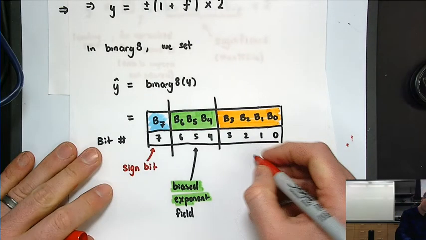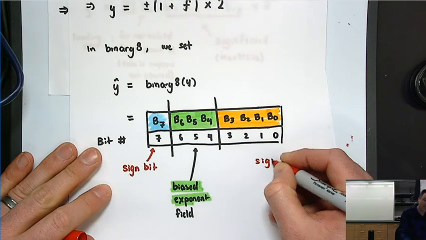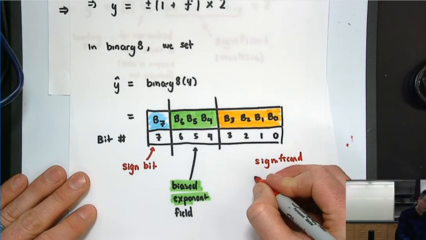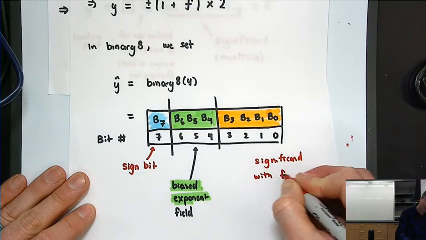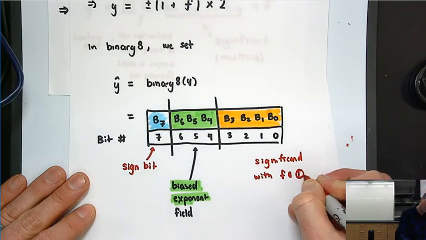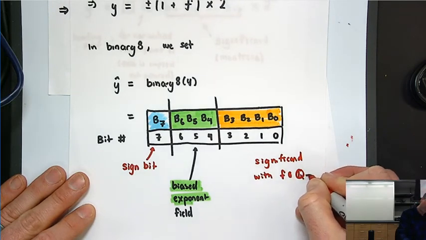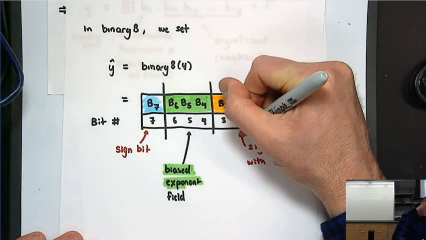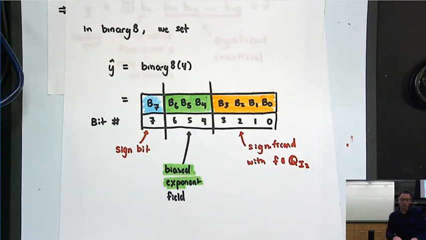So these last four store the significand with some fractional rational number.